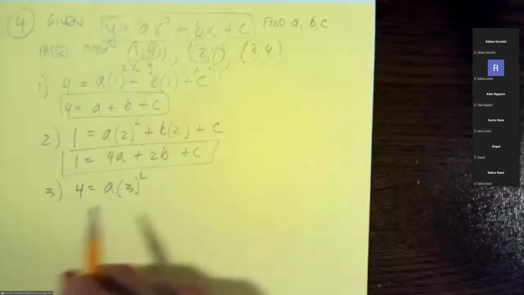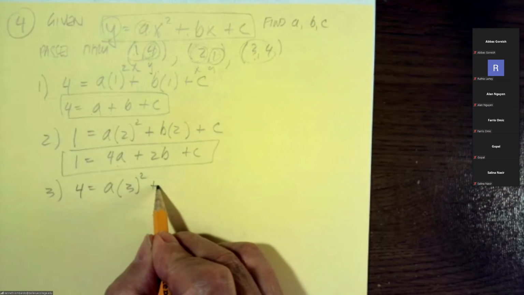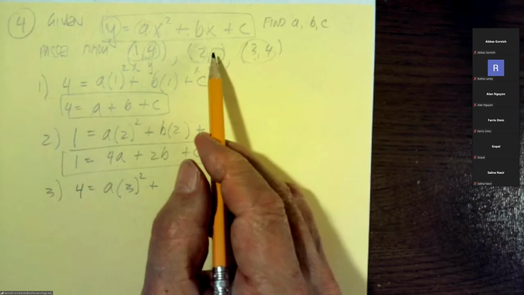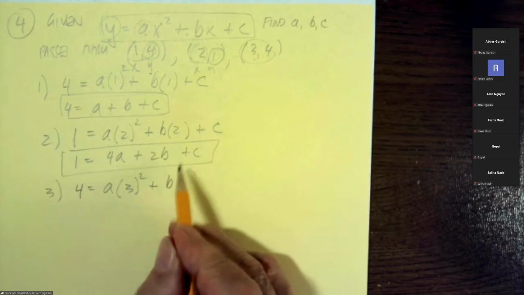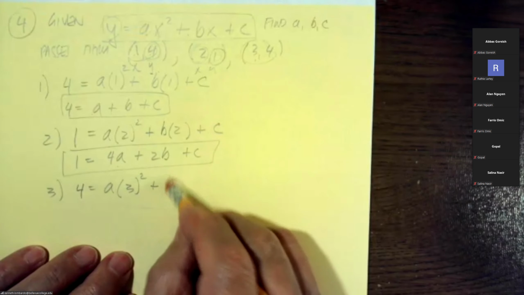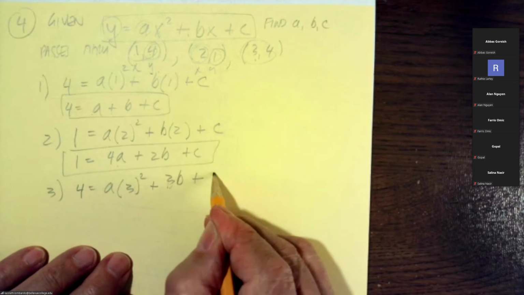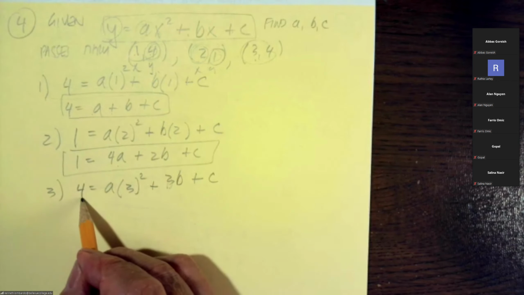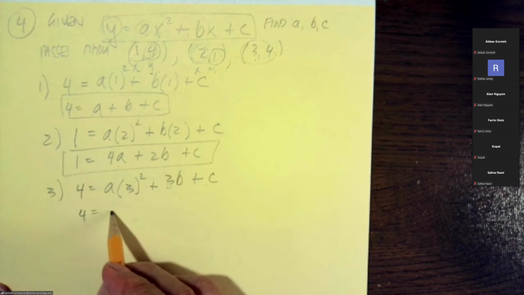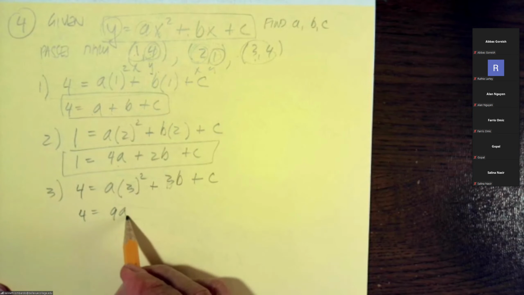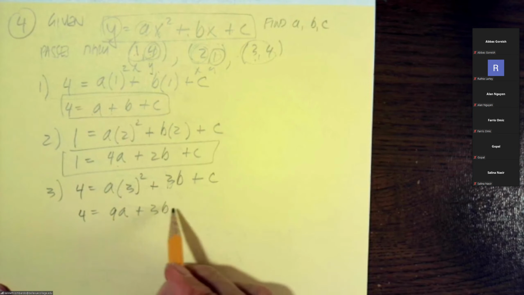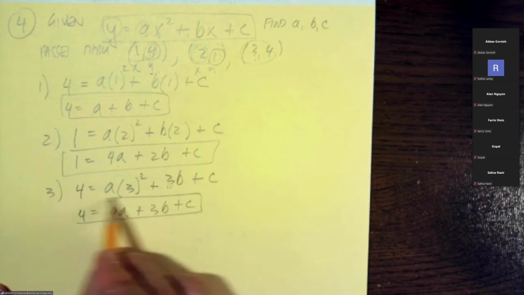And we're going to square that, plus, and then we have b, and we have 3 of those, so I'll put 3b, plus c. So 4 equals 3 times 3 is 9a plus 3b plus c.